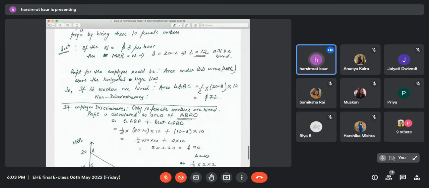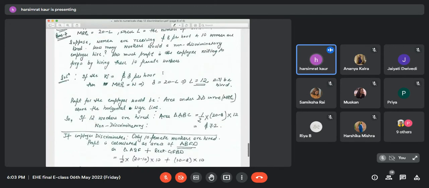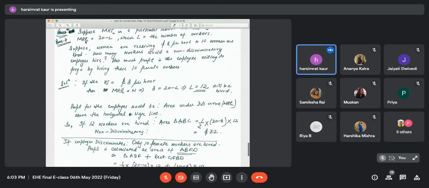So guys, if 10 workers are hired, what wage will they get? I substitute L by 10, so the wage is 20 minus 10, which becomes 10. Is it correct?